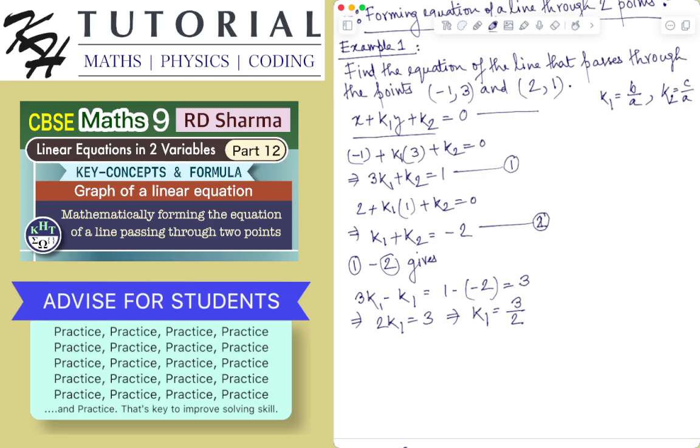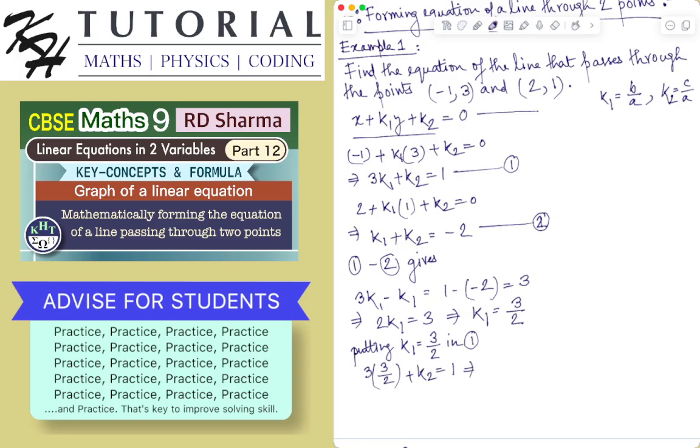Now putting the value of k1, k1 equals 3 by 2, in equation 1, we get 3 into 3 by 2 plus k2 is equal to 1.